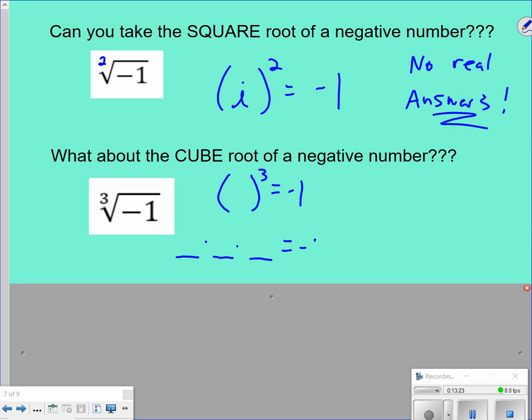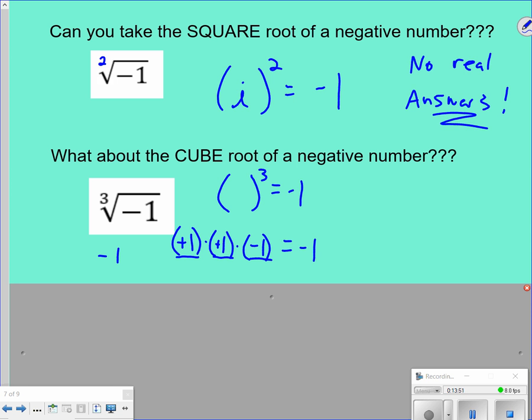So what is that answer? And I'm going to say, what if you put a negative 1 in there? Negative 1 times negative 1 times negative 1. Now, these two negatives become positive because 2 negatives make a positive, but you're left over with 1 more negative because it's an odd root. So your answer to the cube root of negative 1 is negative 1.